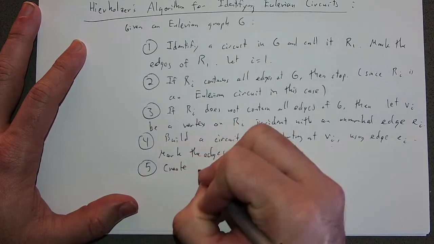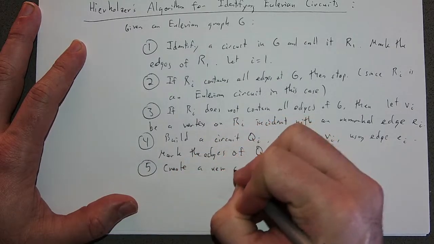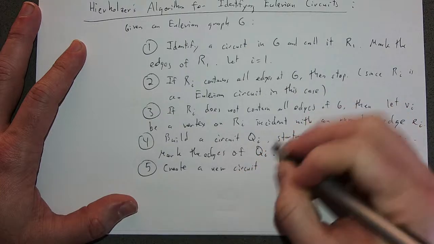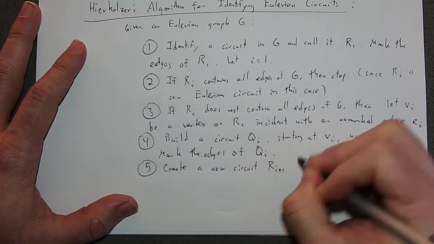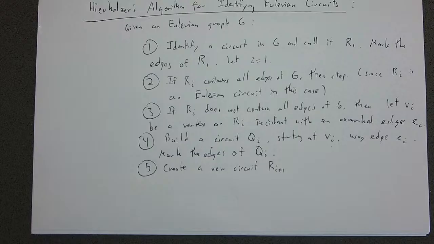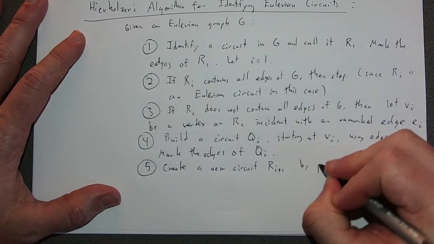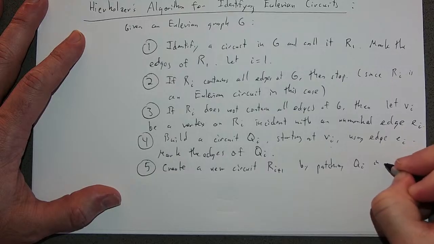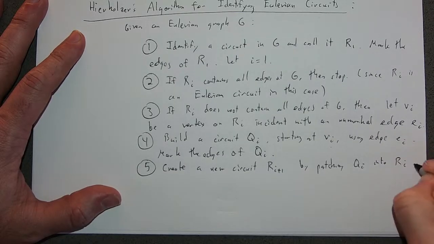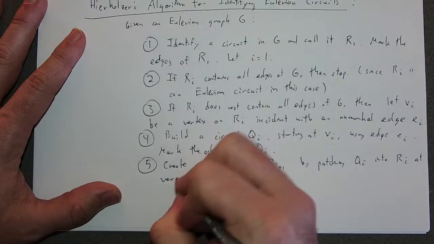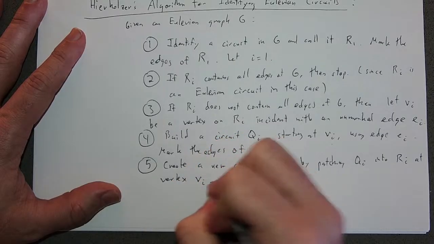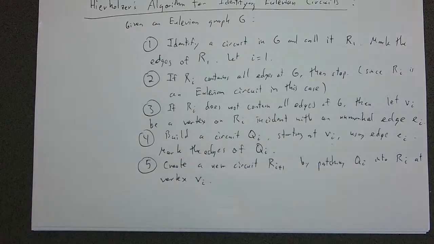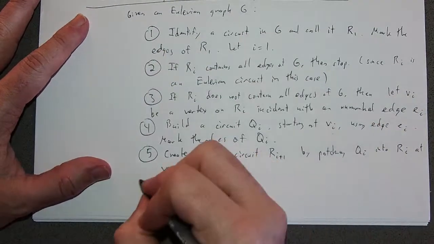So create a new circuit, R sub I plus 1, we'll call it, by patching Q sub I into R sub I at vertex V sub I. Then increment I by 1 and go back to step 1.